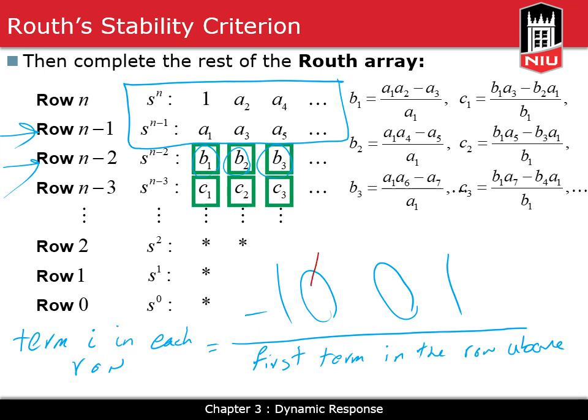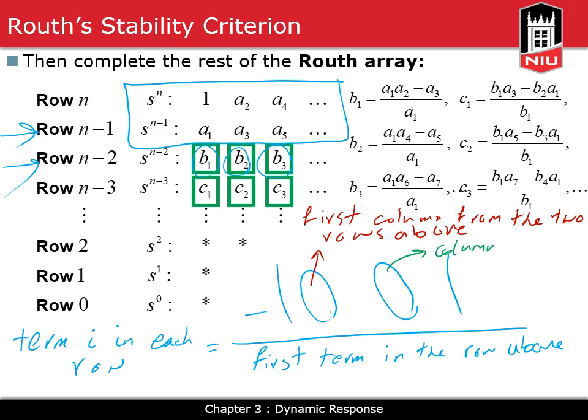The first column is the first column from the two rows above. The next column, I'm going to use a different color for that, is column I plus 1 in the two rows above.